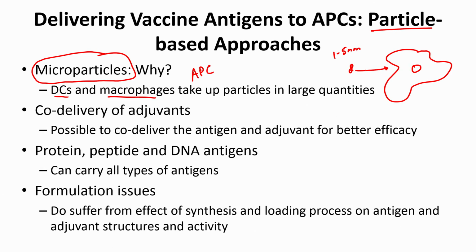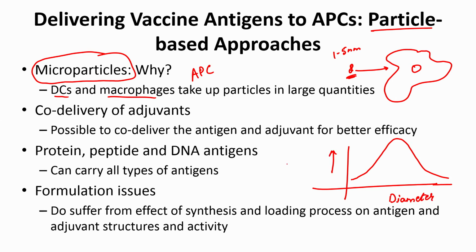The other problem is that the uptake of these small particles or small proteins into the APCs follows a trend. So, if I plot this, let us say this is the size or diameter, and on the y axis let us say it is uptake efficiency.